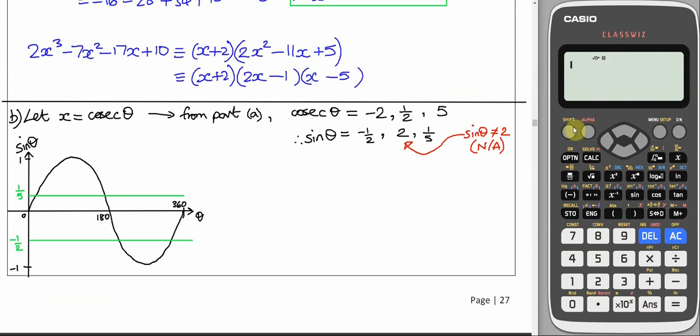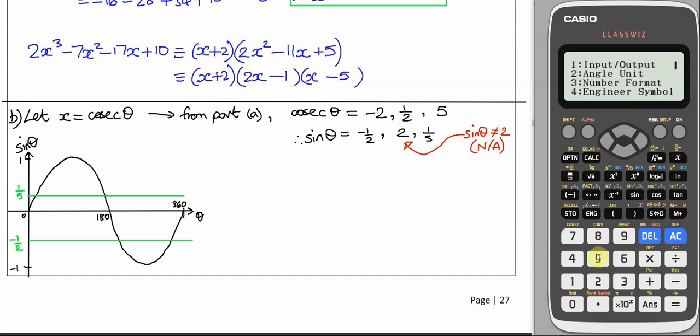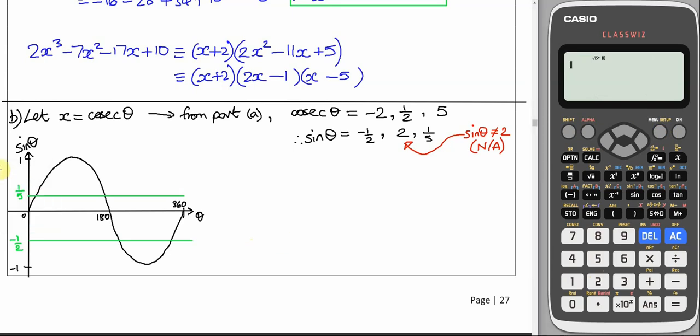If you don't, then go into shift and then setup, number 2, angle unit, and put it in degrees mode. On my rough sketch, I've drawn the graphs of y equals a fifth and y equals minus a half. So I can see there are going to be 4 solutions here.